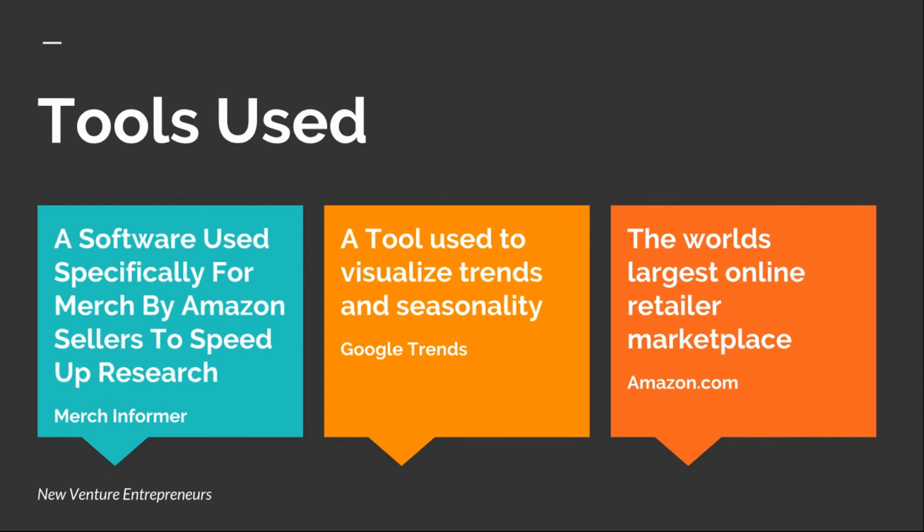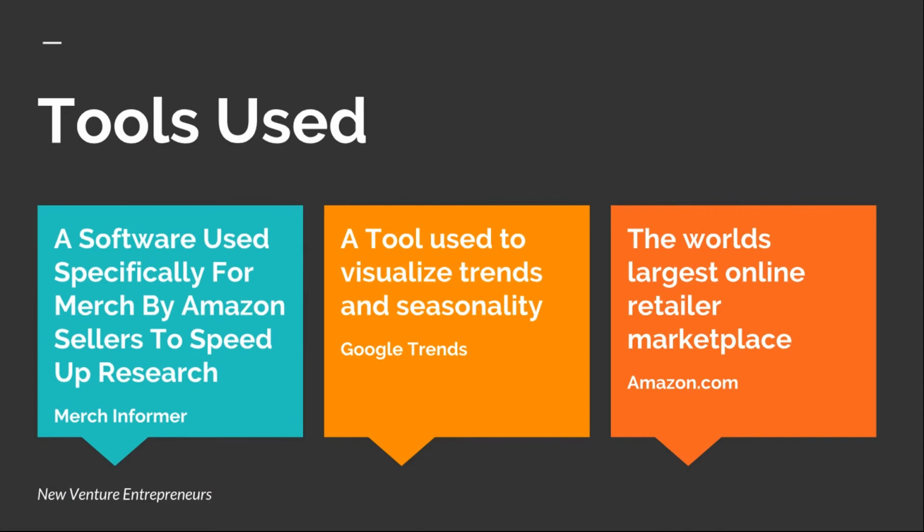There is a subscription for it, but you don't have to purchase it. They have a merch research tool that you can use for free. But if you want the added features, they have a plan that's $10 a month, which isn't bad considering the amount of features they give you. Either way, that is a very important tool to use, so go ahead and check that out.